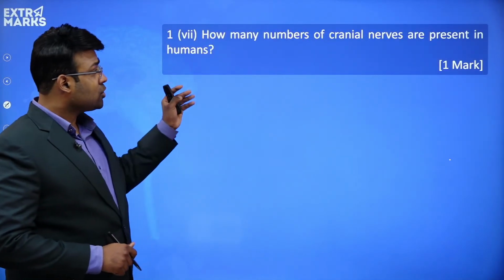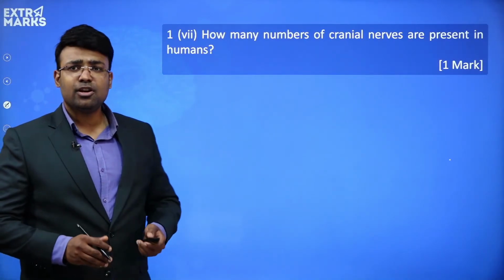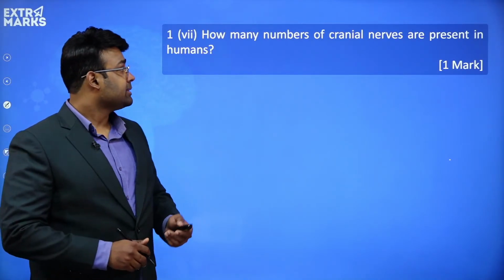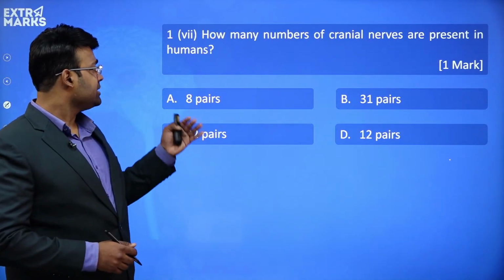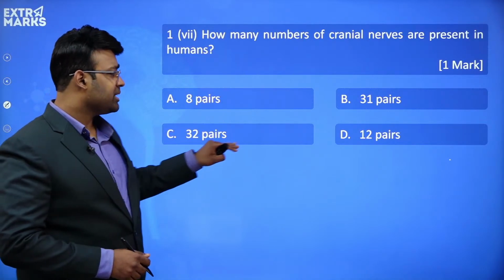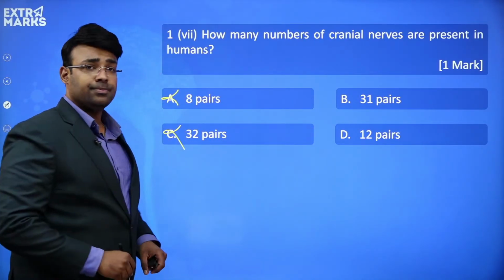How many cranial nerves are present in humans? We all know that we have two types of nerves basically, the cranial nerves and the spinal nerves. Here you can see the options: 8 pairs, 31 pairs, 32 pairs and 12 pairs. So option A and C are wrong.